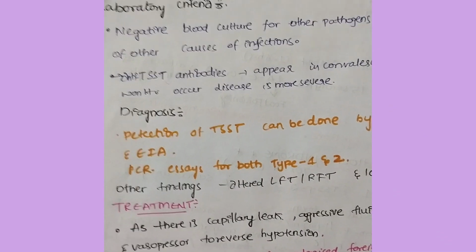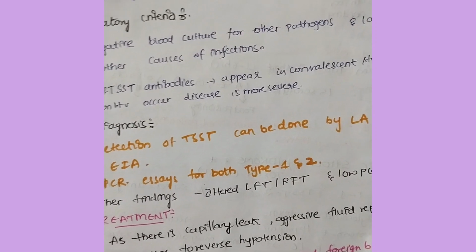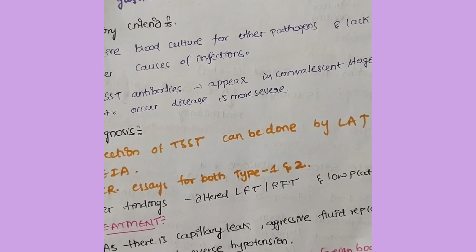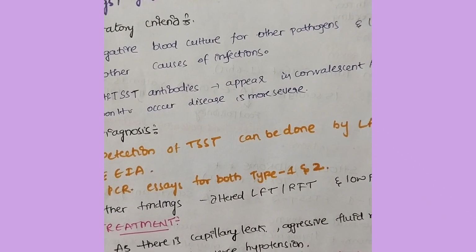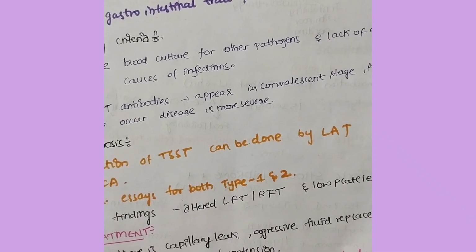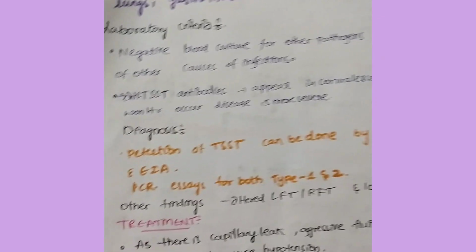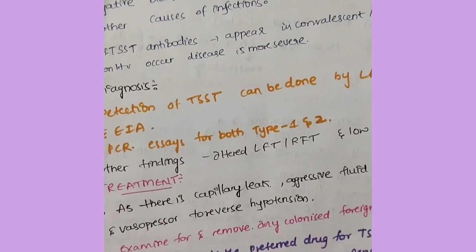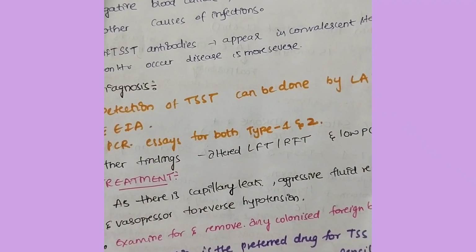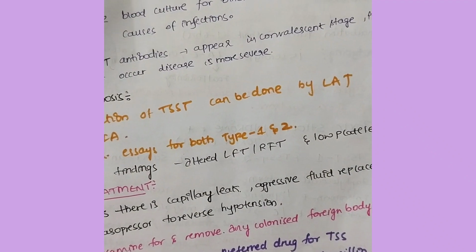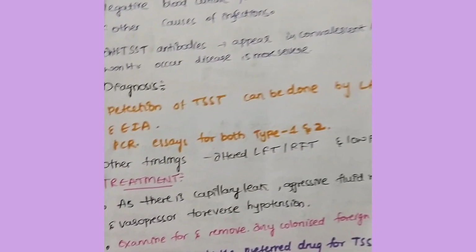Diagnosis will be detection of the TSST, which can be done by latex agglutination test and enzyme immunoassay. PCR will be done for both type 1 and type 2. Other findings will be altered liver function test and kidney function test with low platelet counts.